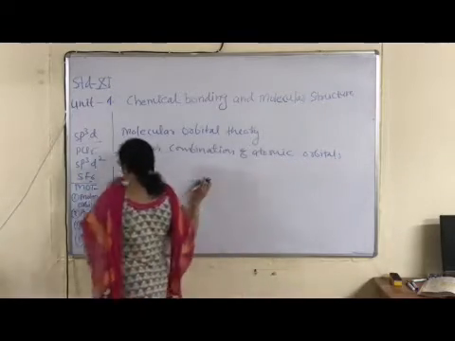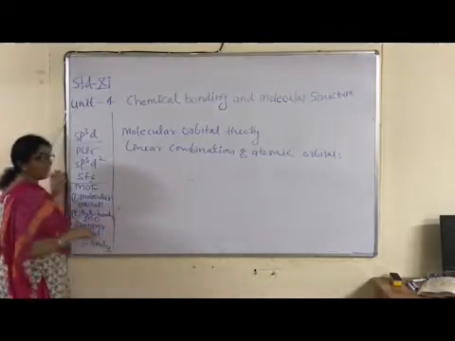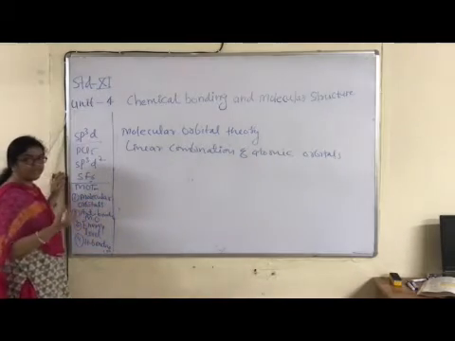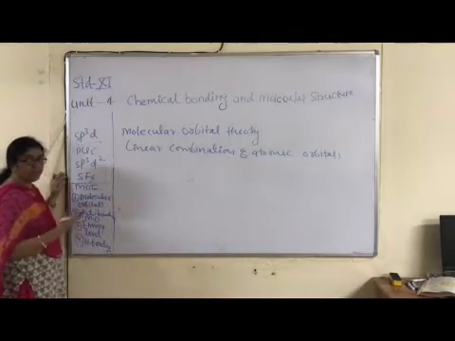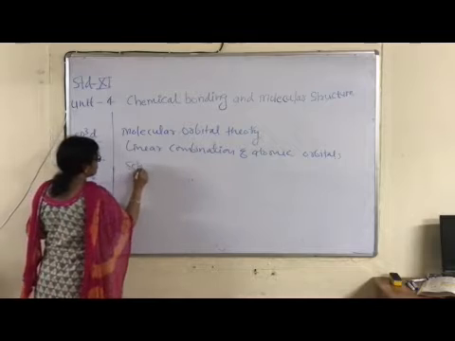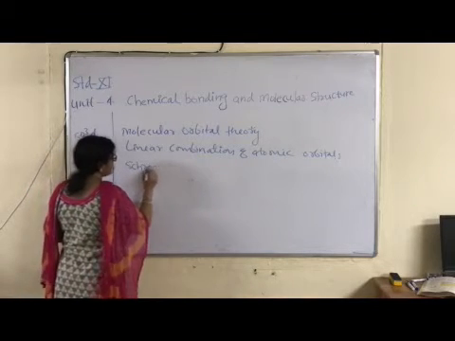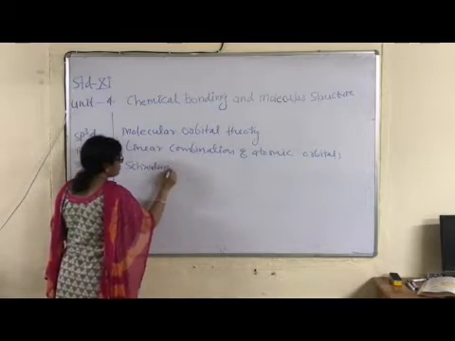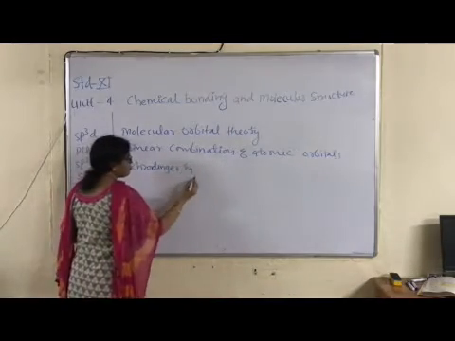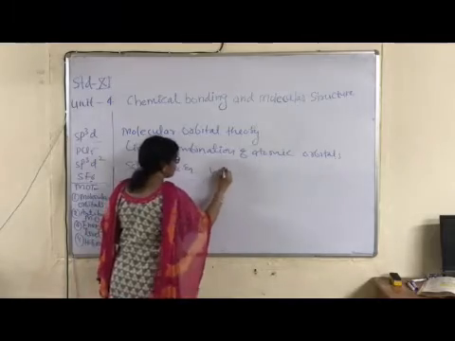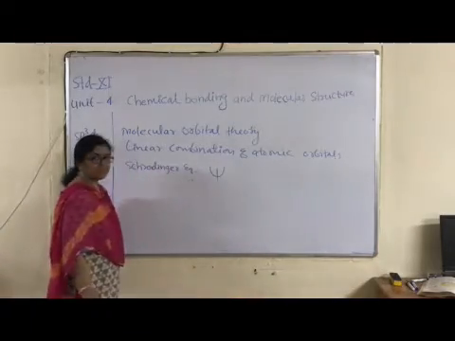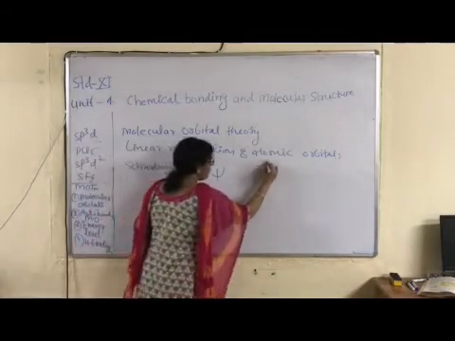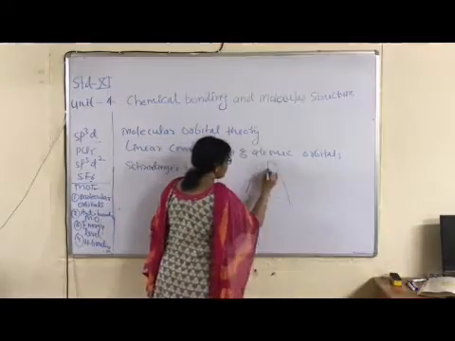Of atomic orbitals, right? Now electron wave, according to wave mechanics, by Schrodinger equation. This electron wave is shown by this symbol. This is psi, right? This shows amplitude of electron wave.